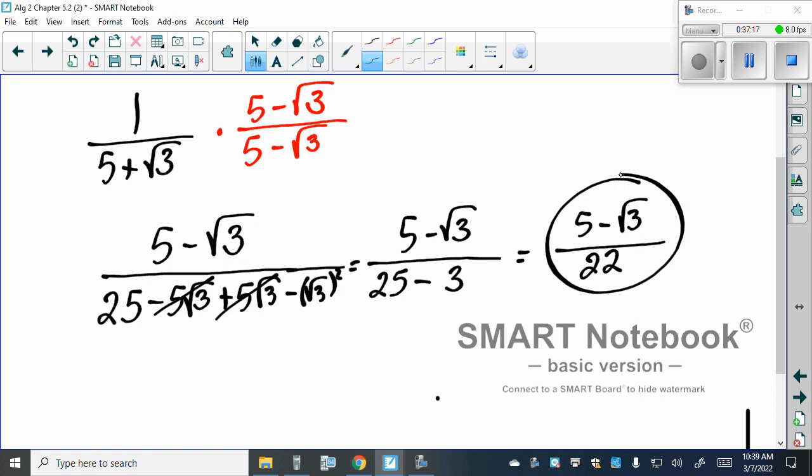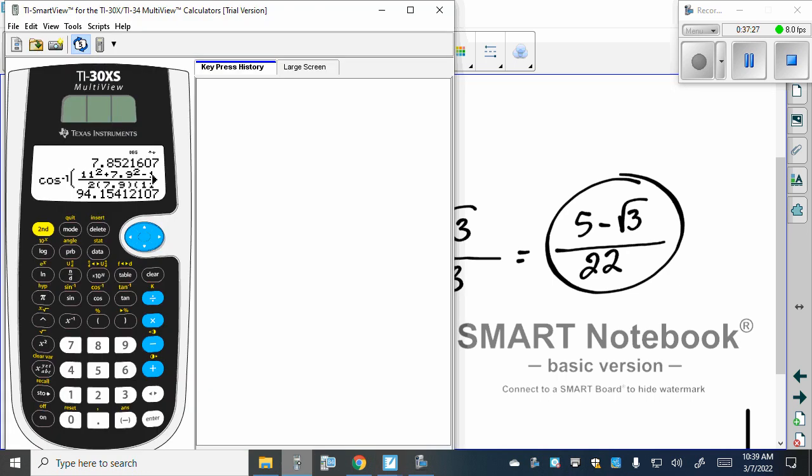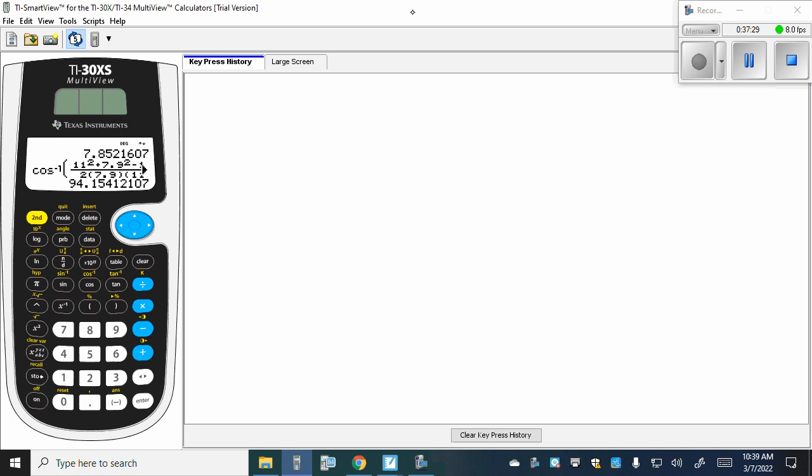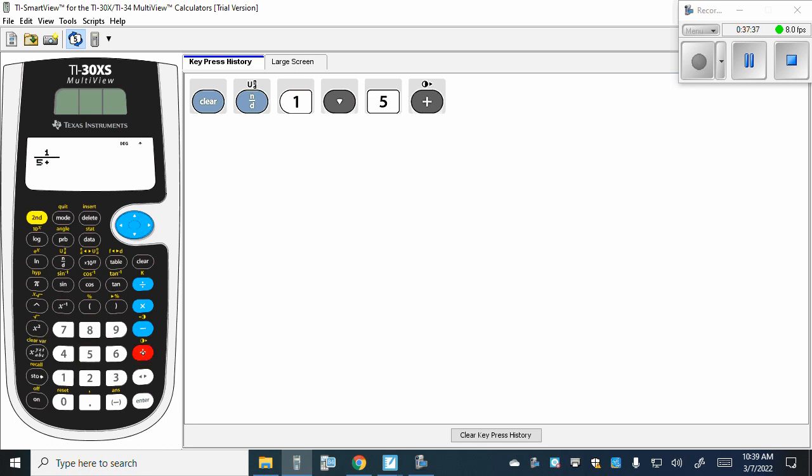Now, the graphing calculators don't do these because it likes turning radicals of any kind into a decimal if it doesn't come out evenly. Now, there's a reason I picked this one here. Clear that out. 1 over 5 plus the square root of 3. 5 minus the square root of 3 over 22.